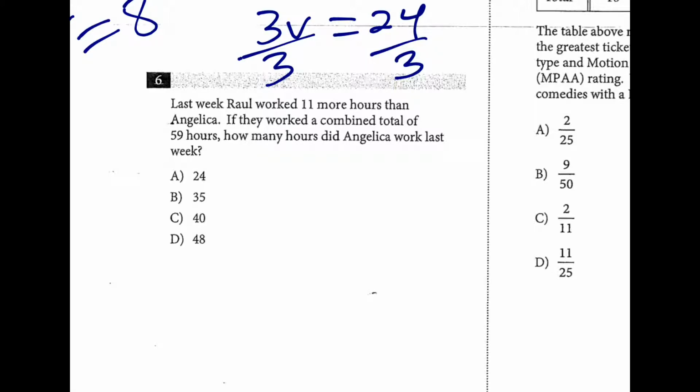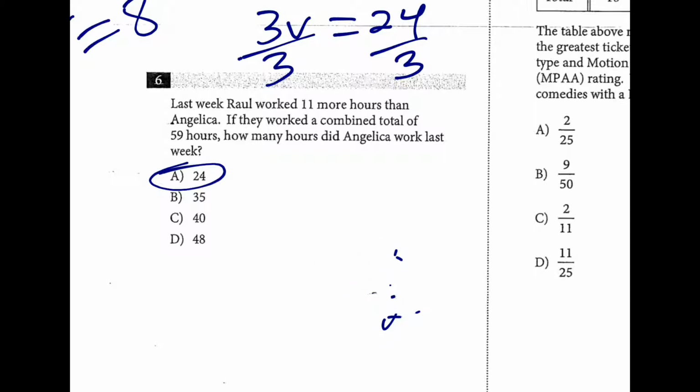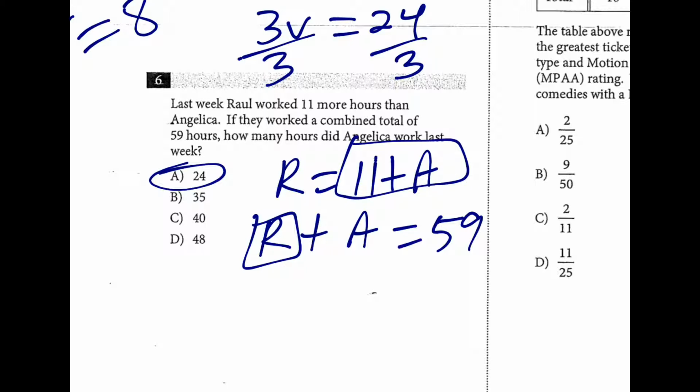Number 6, if Raul worked 11 more than Angelica, well, you could level the playing field by saying 59 minus 11 is equal to 48, and then they work the same, so you divide by 2 and get right to 24. If that doesn't make sense to you, you could have set up a system of equations wherein you recognize that r is equal to 11 plus a, Raul is equal to Angelica's hours plus 11, and if r plus a is 59, you can substitute for r this 11 plus a.